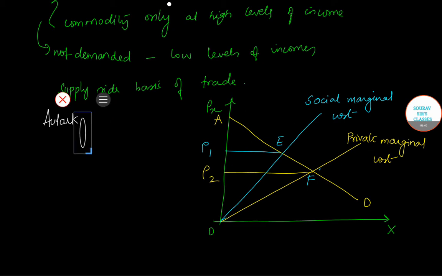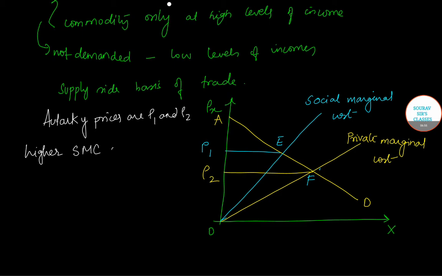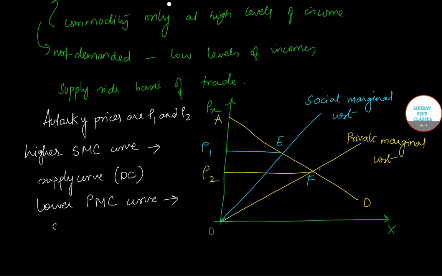Prices are P1 and P2. This is because the higher social marginal cost curve represents the supply curve of the developed countries, while the lower private marginal cost curve is the supply curve of the less developed countries.